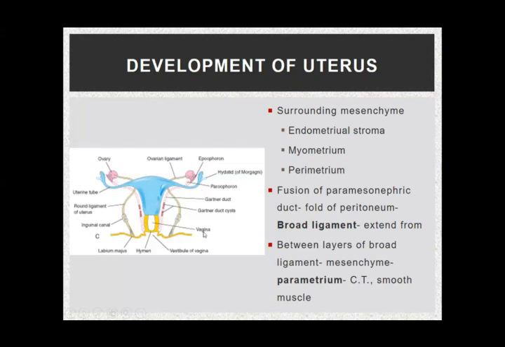As a result, the presence of this broad ligament divides the pelvic cavity into two halves. A part of the pelvic cavity lies in front of the uterus and the broad ligament, and a part lies behind the uterus and the posterior leaf of the broad ligament.